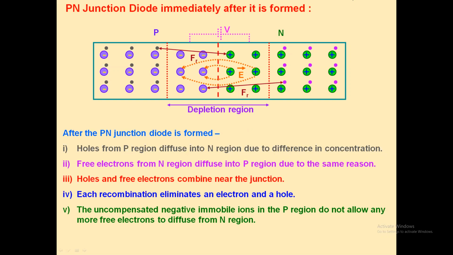Is it right? The uncompensated negative immobile ions in the P region do not allow any more free electrons to diffuse from the N region. Means once this layer is formed, the further movement of electrons and holes is stopped. Is it right?